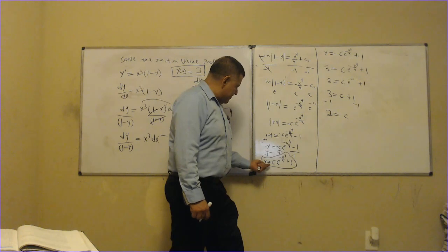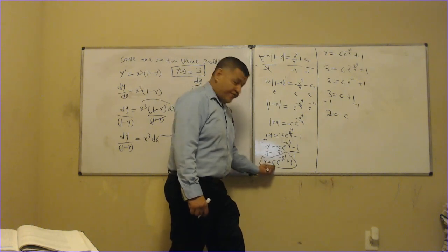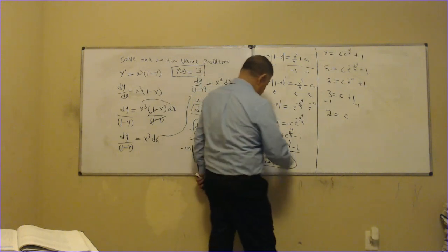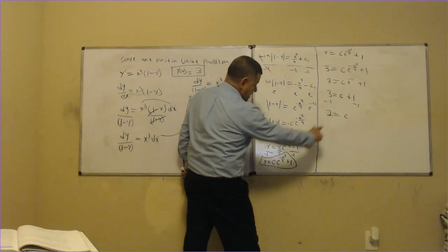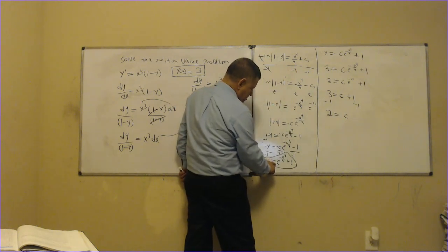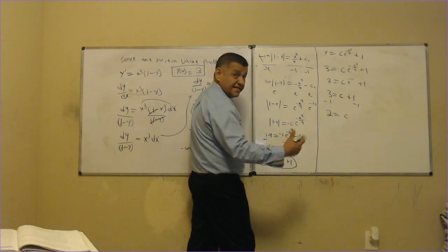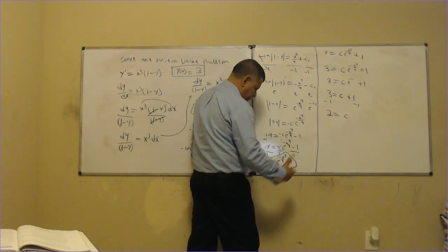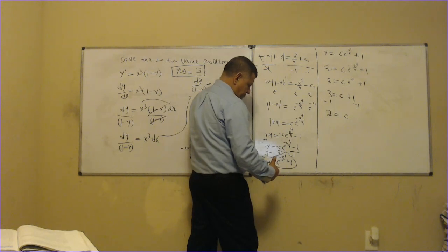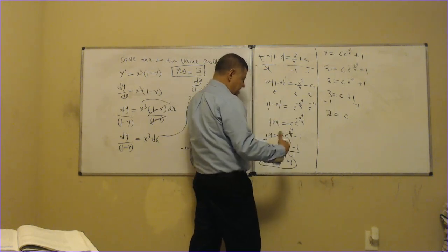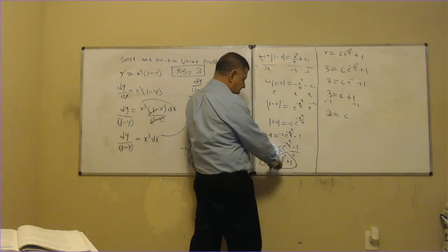Now we will have the coefficient in front of that e, which is what we found. e is just a number, it's a constant.